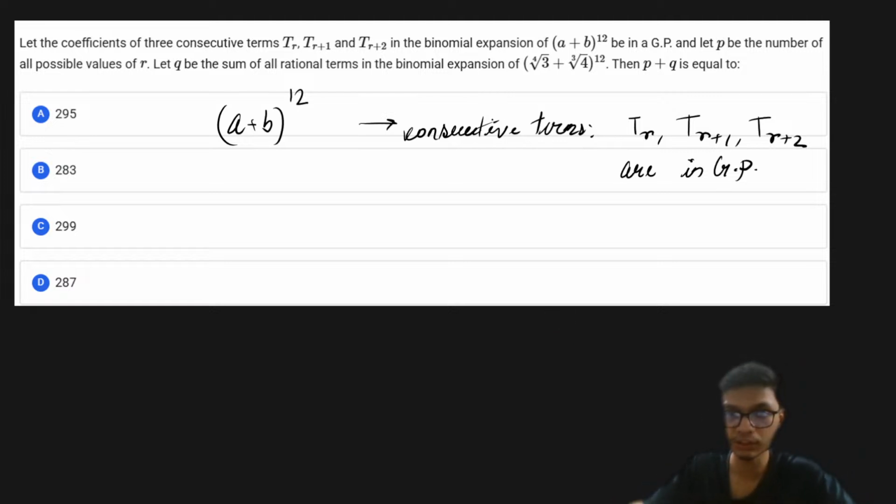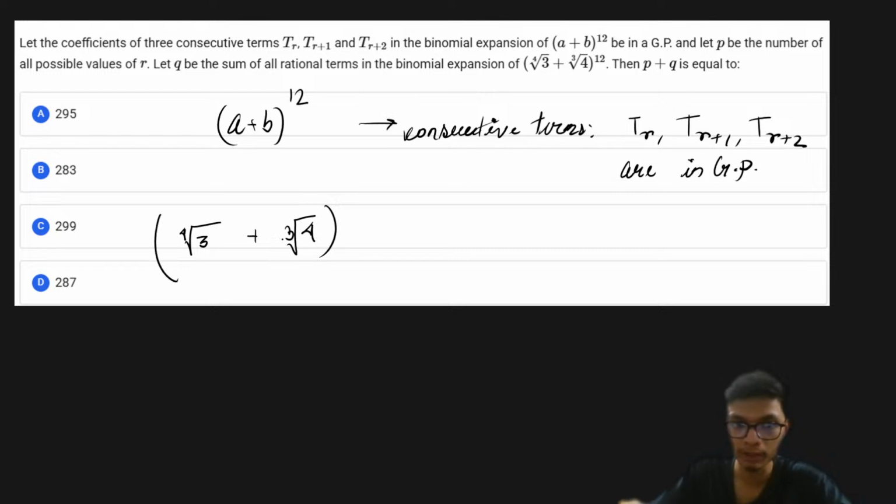So from here, we see that P denotes the number of possible values of r, and Q denotes the sum of all rational terms in the binomial expansion of (3 to the power 1/4 plus 4 to the power 1/3) whole to the power 12, right?